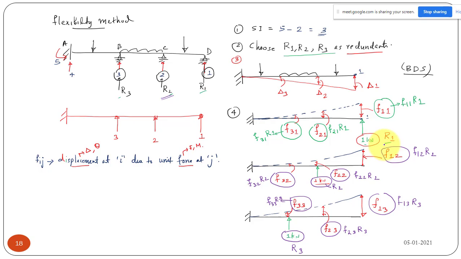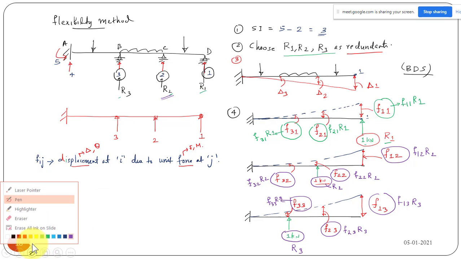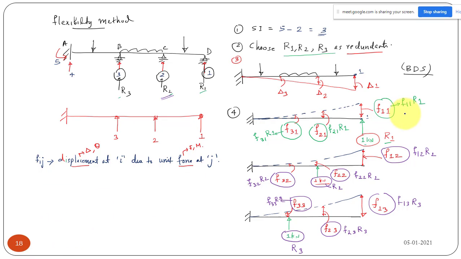What is the value of small delta 1? F11 R1 plus F12 R2 plus F13 R3. That is the value of your total small delta 1.